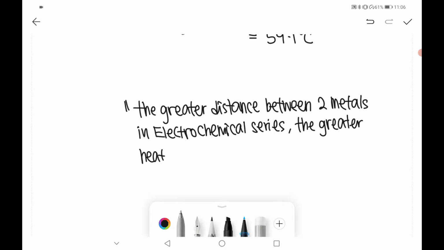So this is the concept: if the gap between the two metals in the ECS is bigger, the heat of displacement is also bigger.